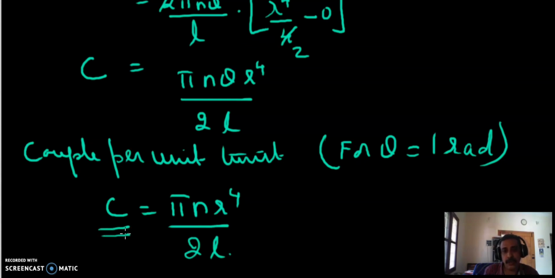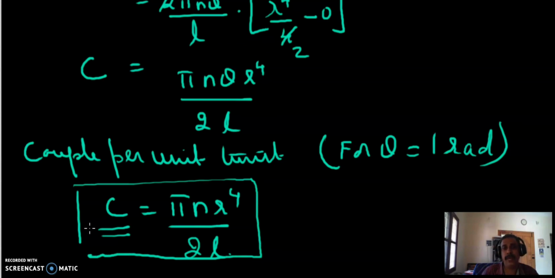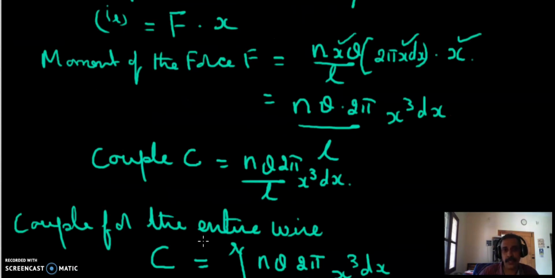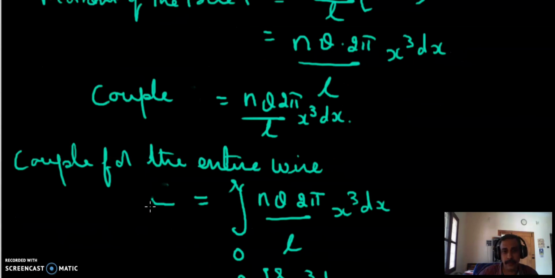So this C you call the couple per unit twist. Generally we write it as, if you wish we can write C here, otherwise we can remove the C here. So let us call it couple alone, because we'll get confused.